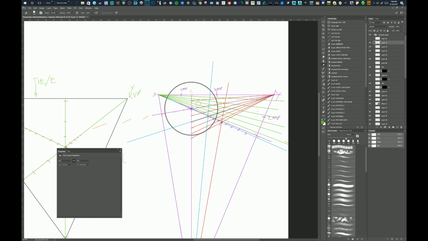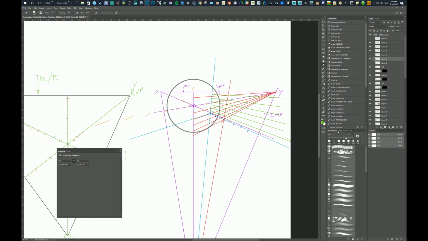All right. Now I can erase everything past where it meets that back wall. And I can also go back to the blue line here and erase everything past there. And then now we can get rid of the red there.